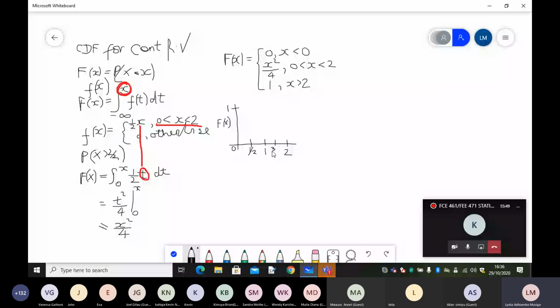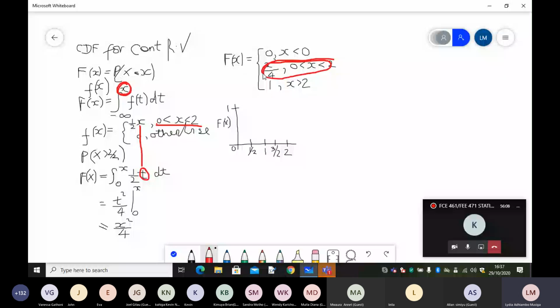So to draw the cumulative distribution function, we substitute in x squared over 4.